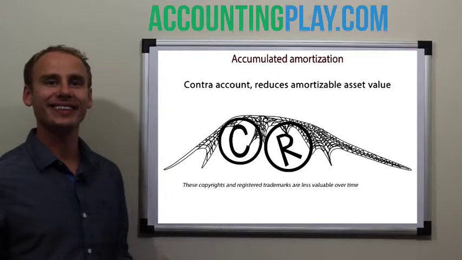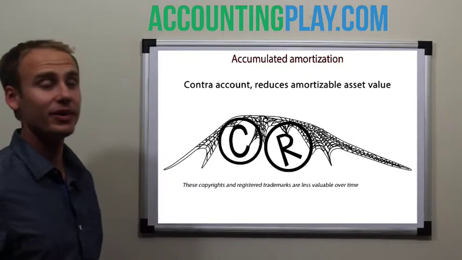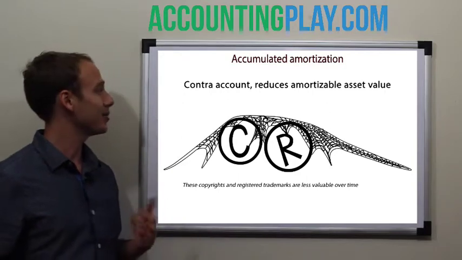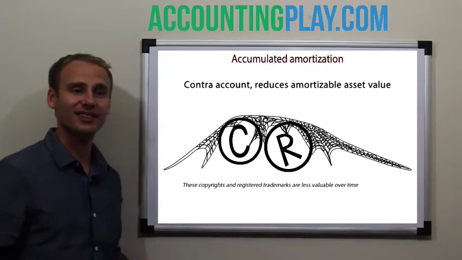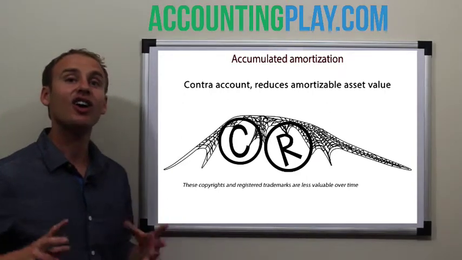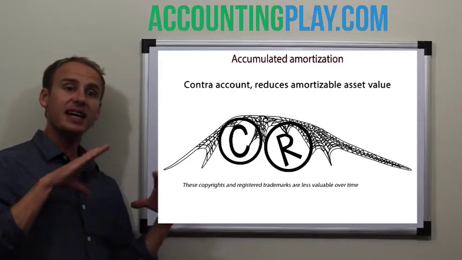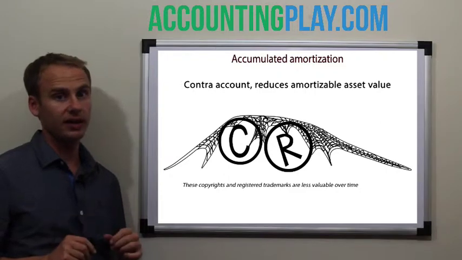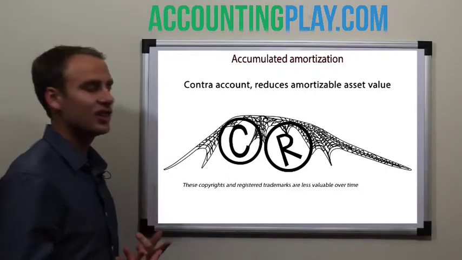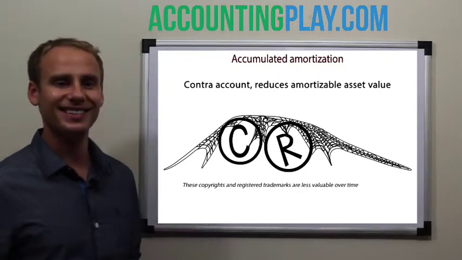Accumulated amortization, the sum of prior amortization expense. This is a contra asset presented as a negative number, credit, in the assets section of the balance sheet.